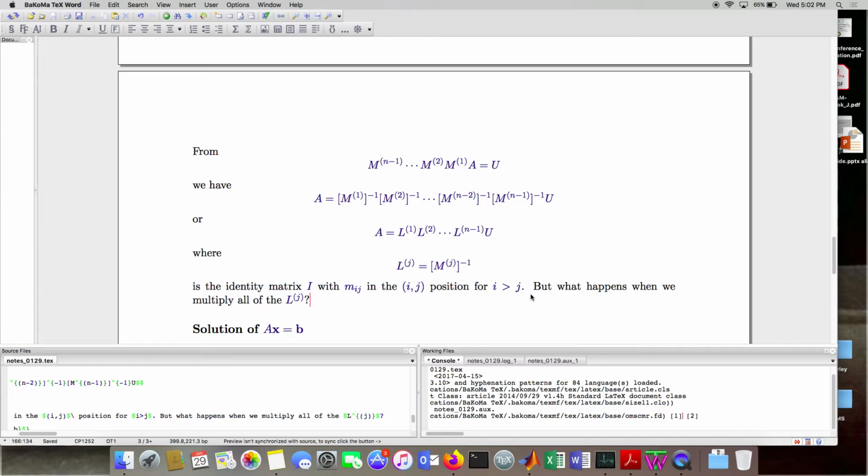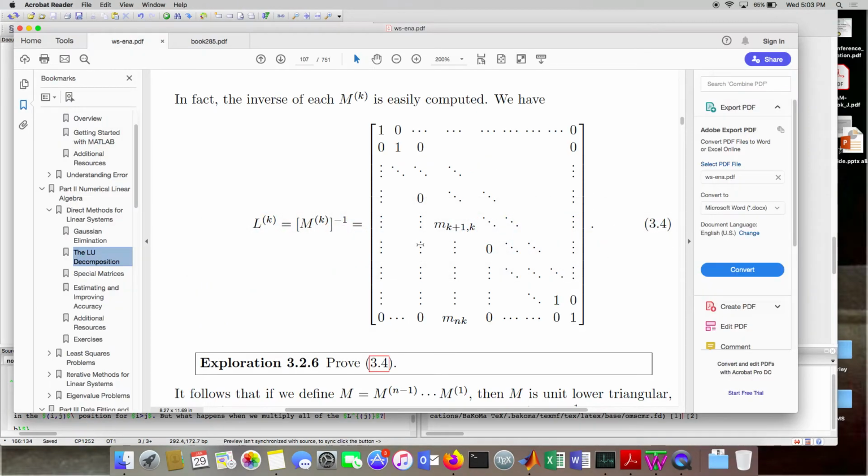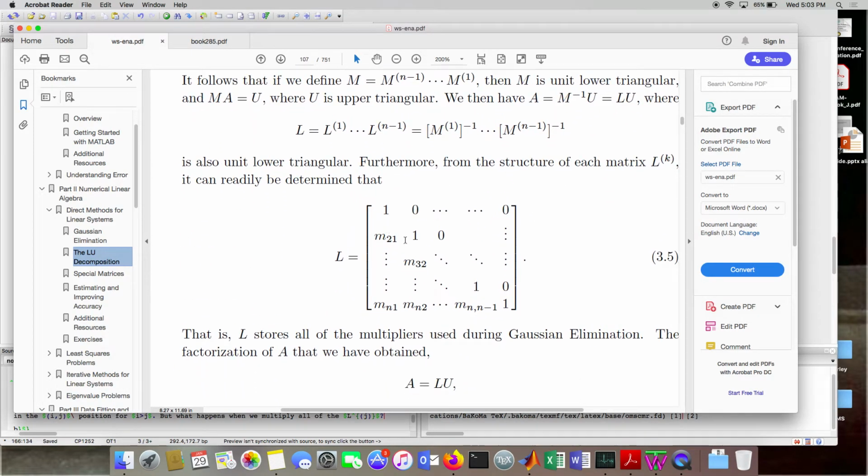Well, if you multiply all of these, so matrix that worked in the first column, matrix worked in the second column, etc., multiply all those together, that works out nicely too. And thankfully, you don't have to type that out either. So taking all of these and multiplying them together gives you just this. So it's the identity matrix with all the multipliers carried out during the entire Gaussian elimination process that are featured below the diagonal.